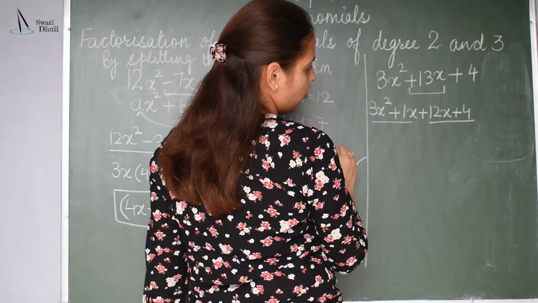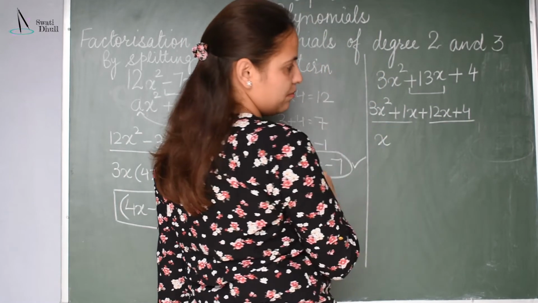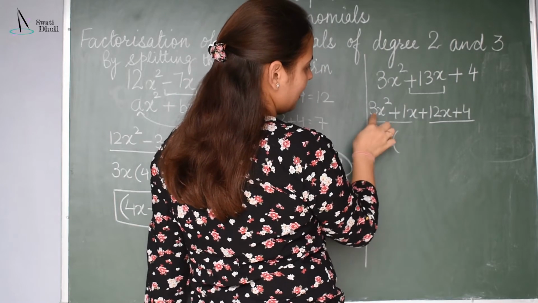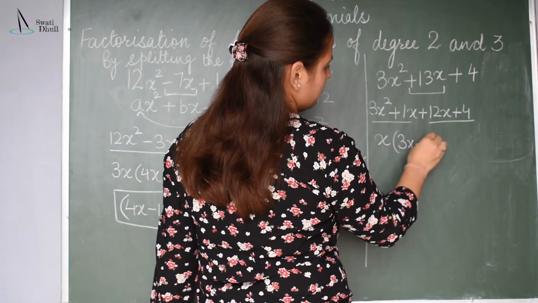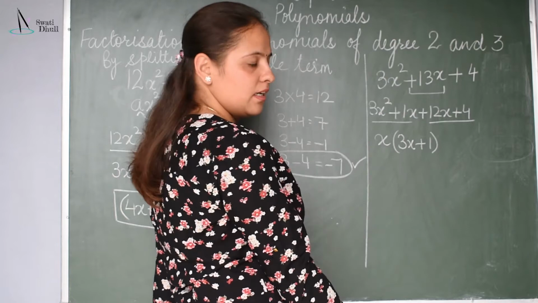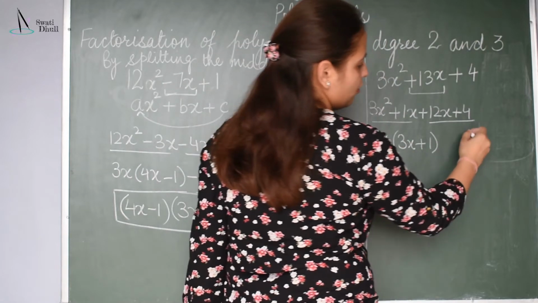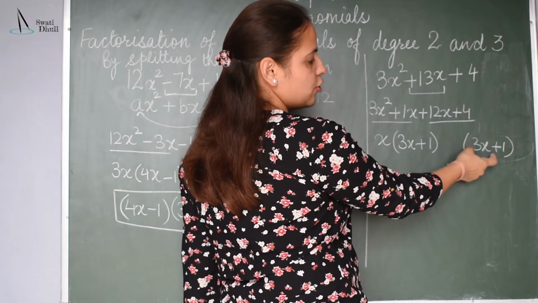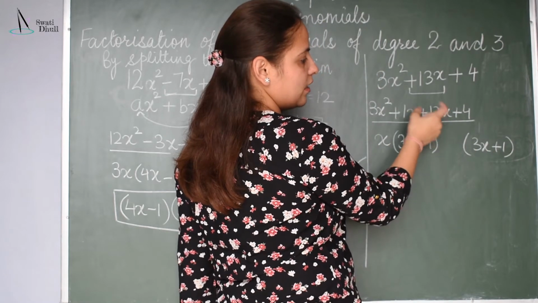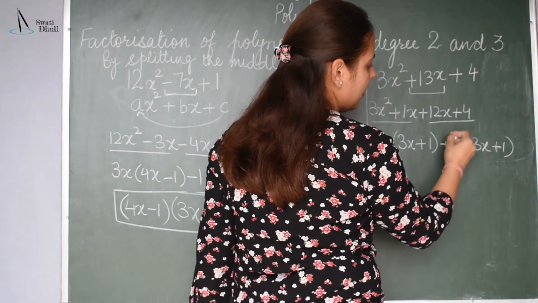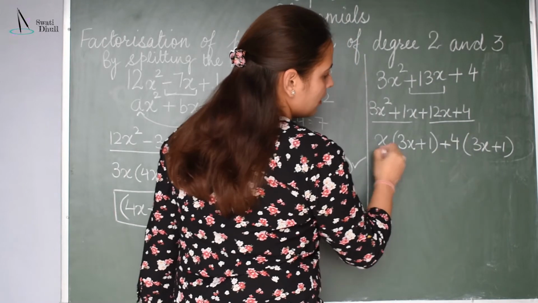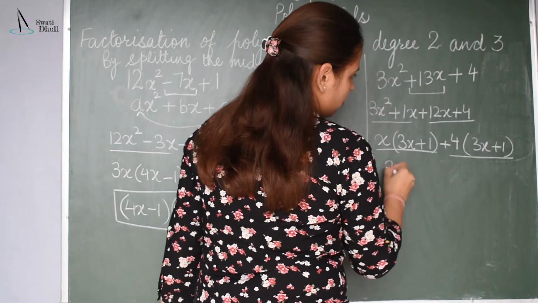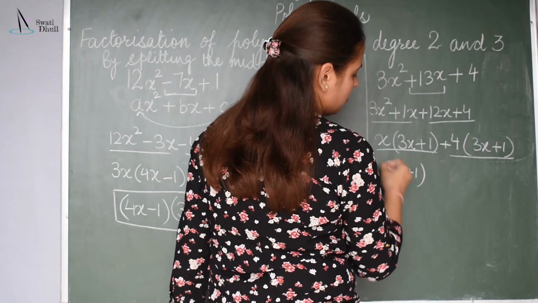Now what can you take common? Only x can be taken as common. So what you are left with? 3x plus 1. Now the same factor you have to write, 3x plus 1. So by which term you have to multiply 3x to get 12x? You have to multiply by 4. Now from these two terms, 3x plus 1 is common.